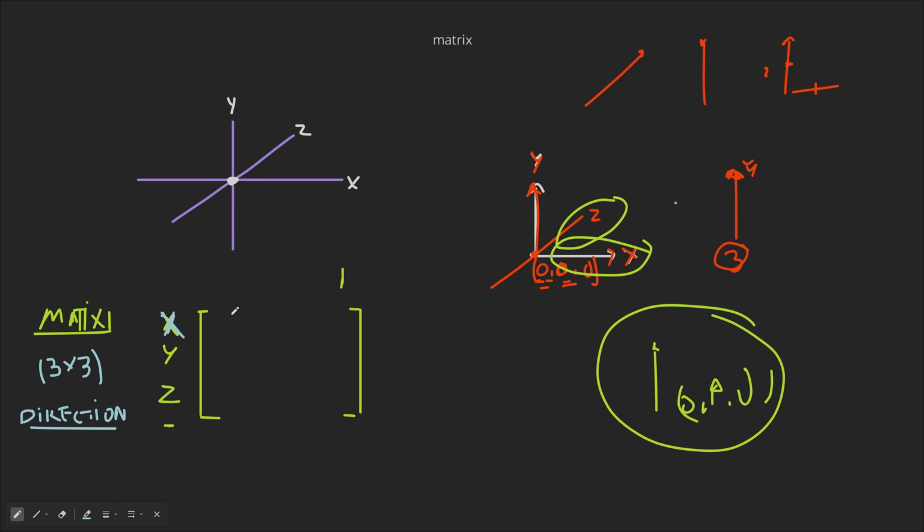So we have x. What did we do with x? We said x is an imaginary arrow pointing in this direction. We call this x, and we call this direction 1. Its first component will be 1, other two components will be 0. So we have this direction now, right? What about y?